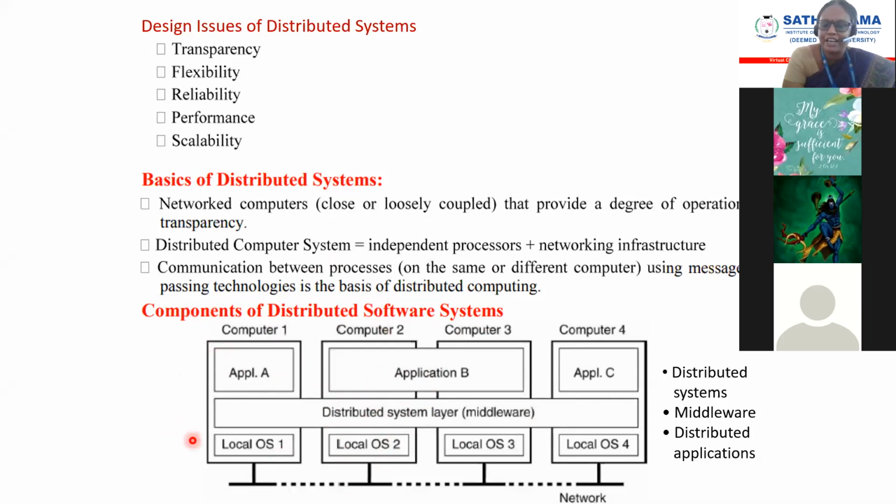These are the three main components: the systems, the middleware layer in the middle, and the application layer. Distributed system is a wide topic, given as a single topic, so we are not going in depth. We are only going to see the important highlights in the distributed system.